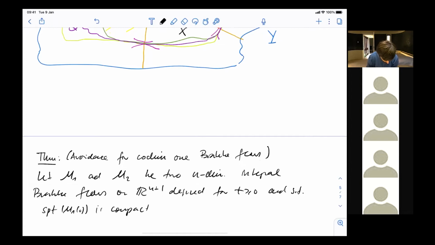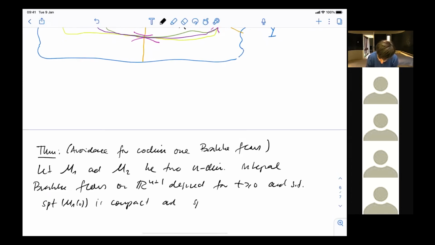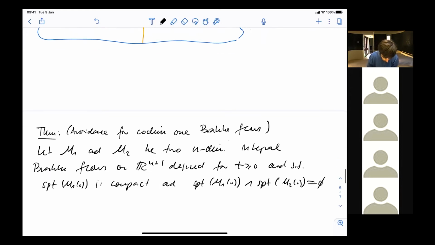One of them needs to be compact, and you want the supports initially disjoint, so the support of M1 at 0 intersected with the support of M2 at 0 is empty. Then you get exactly that the distance has to be increasing in time.